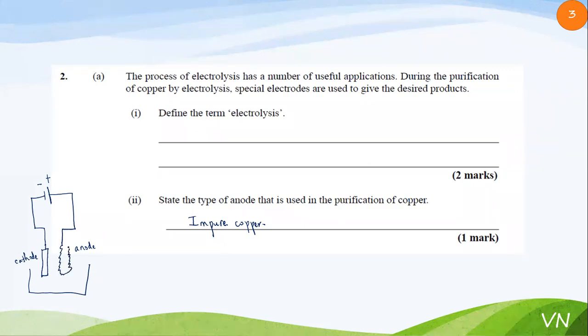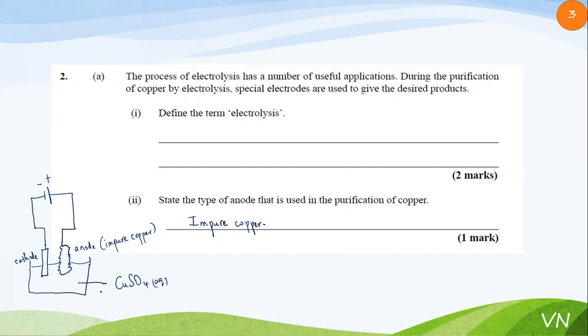So I'm just drawing it like this here to represent it. This container should have been larger. So the anode here is our impure copper. Our solution, or the electrolyte that we're using, has to be some copper solution. So probably we're going to be using copper sulfate solution. All right, dilute copper sulfate.